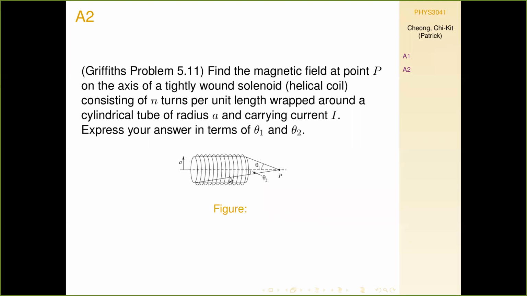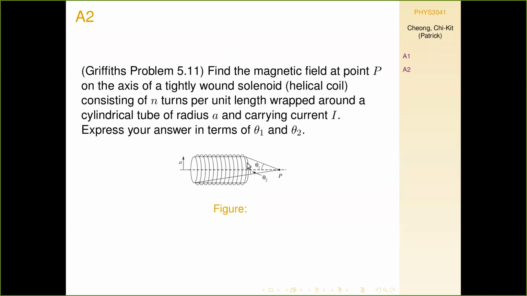As this is not an infinitely long problem, you cannot directly apply Ampere's law or some symmetric or simpler way. So the only way to do this is to apply the Biot-Savart law directly.